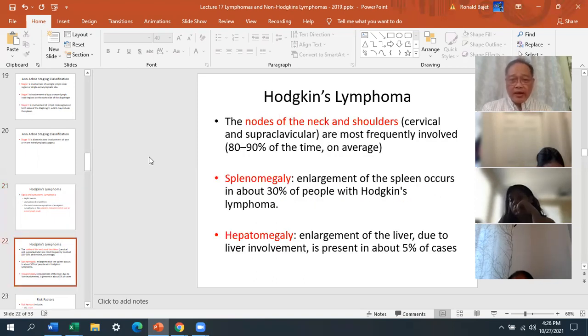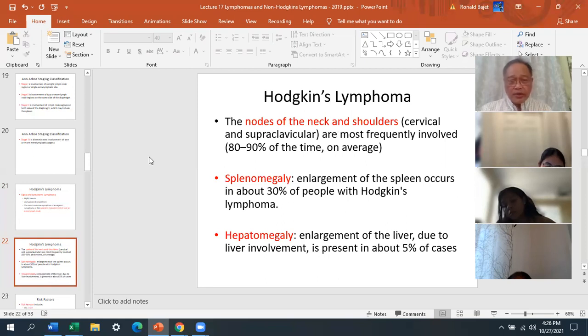The nodes of the neck are the most frequently involved, usually 80 to 90% of the time on average, that you'll get involvement of the neck and shoulders, or the cervical and supraclavicular nodes. To a lesser degree, enlargement of the spleen in Hodgkin's lymphoma, and that's 30% of the time.